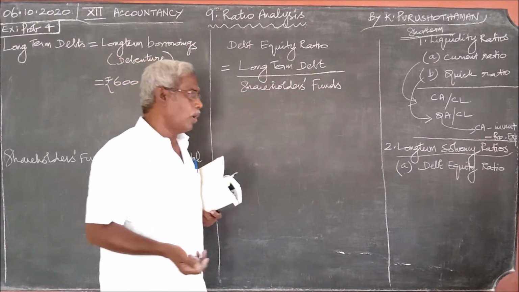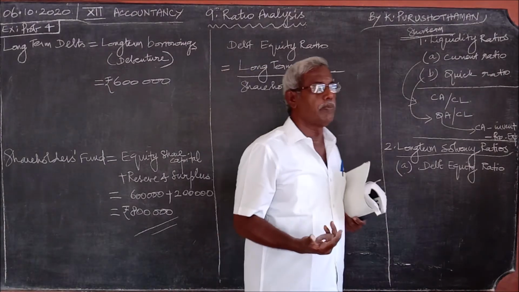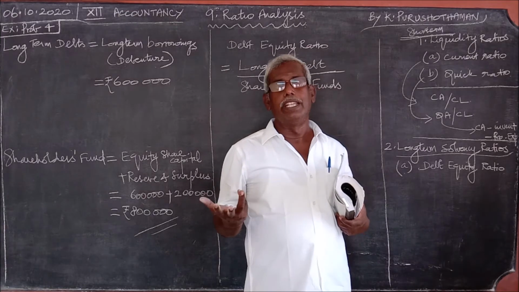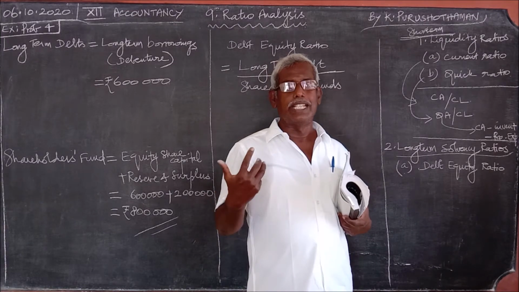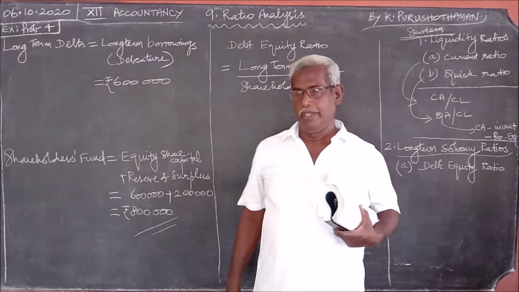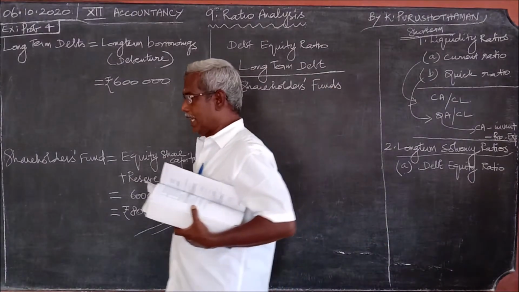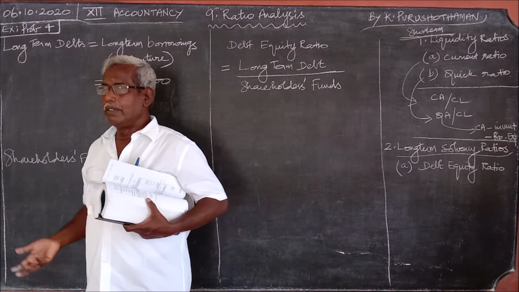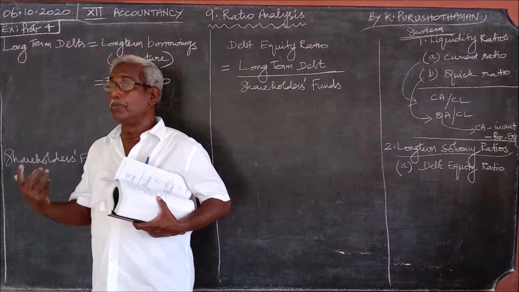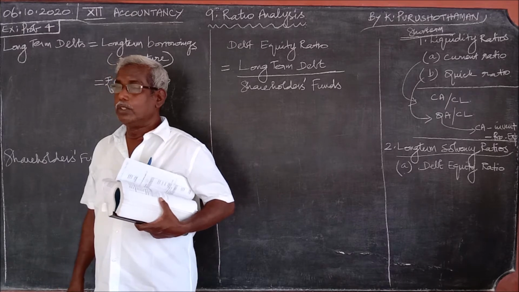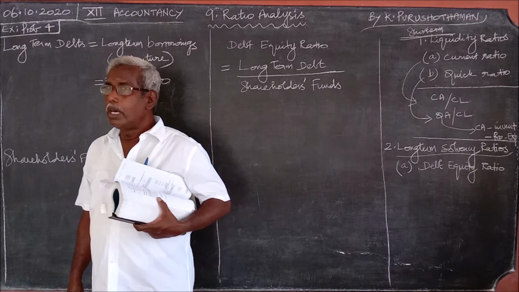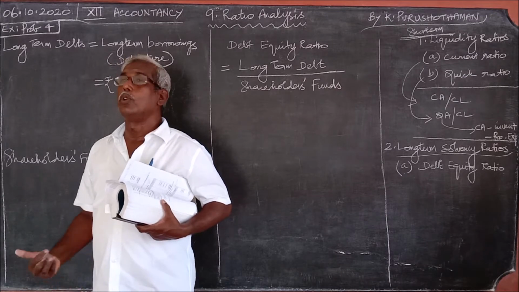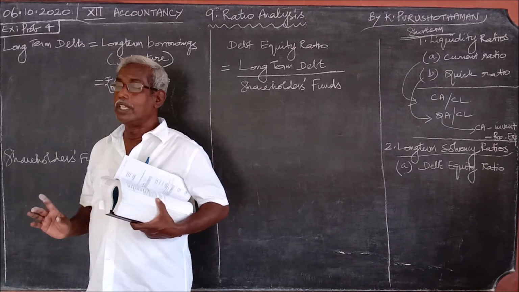Therefore, the company will divide that 6 crores amount into 6 lakh shares, and those shares will be available for the common man to purchase. Then those shares will be bought by the common man and thereby they will become shareholders, and that is called share.